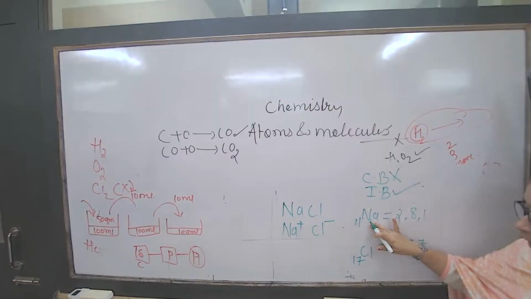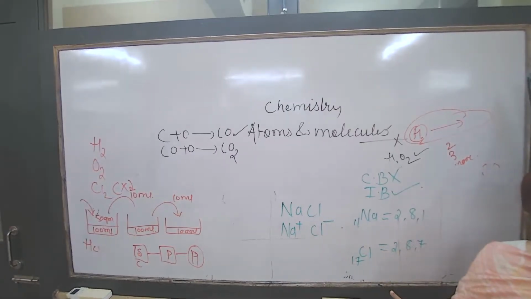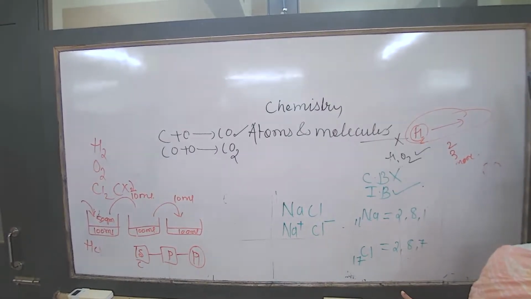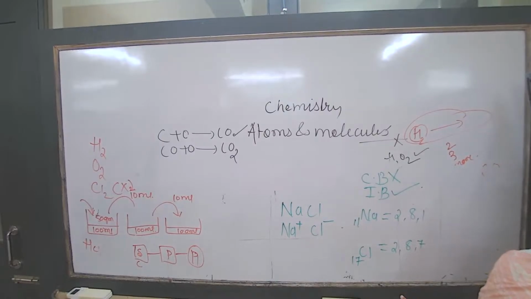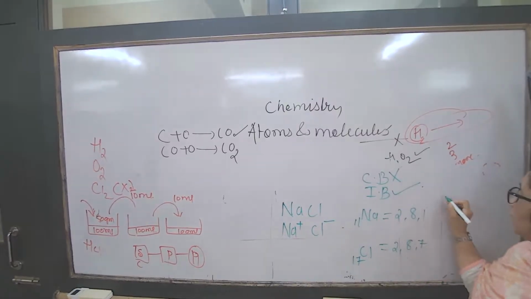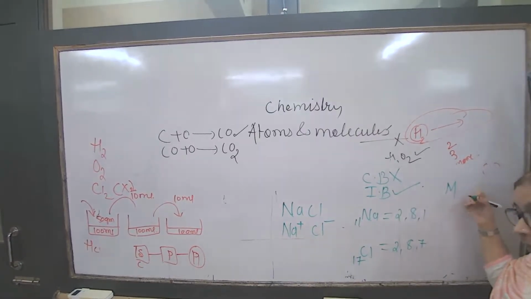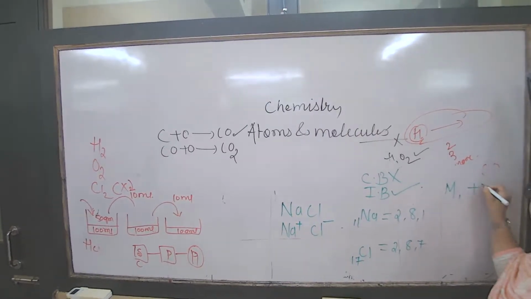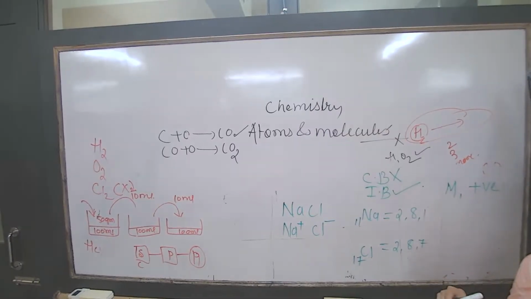Now this Na, you might be knowing, is in the extreme left of the periodic table. I told you that. So the elements at the left of the periodic table are mostly metals, and they are electropositive in nature.